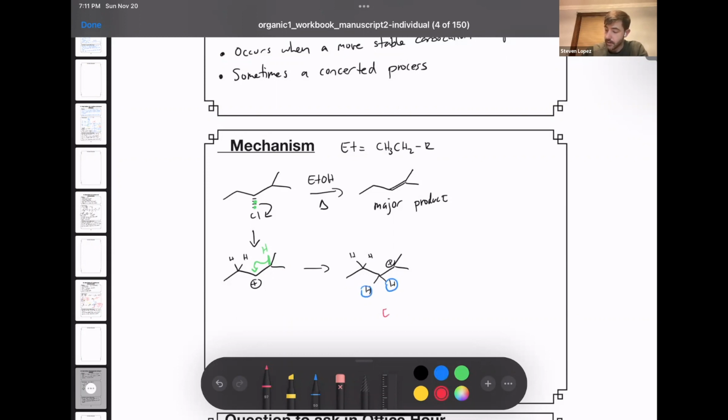So ethanol, our base, can be used to make a bond with that hydrogen and push the two electrons from the carbon-hydrogen bond onto the hydrocarbon framework and make the alkene that's ultimately formed. So that's how you arrive at this product.